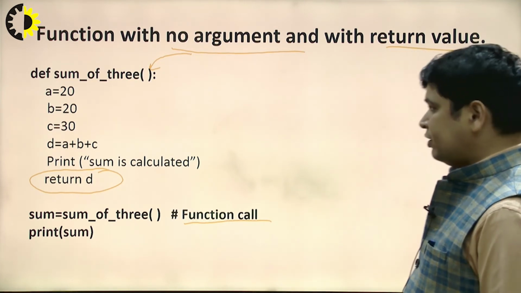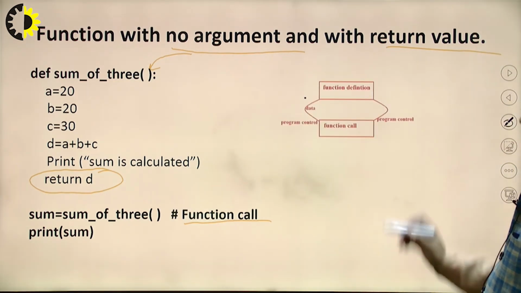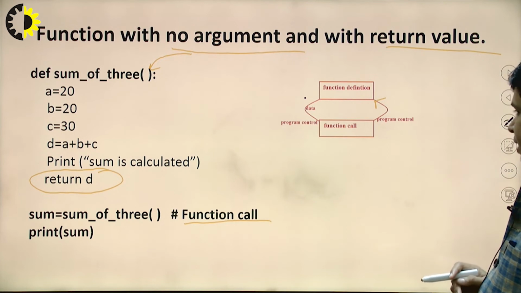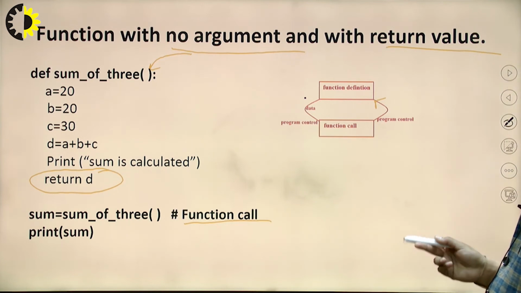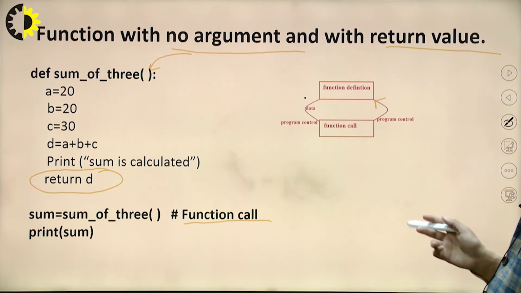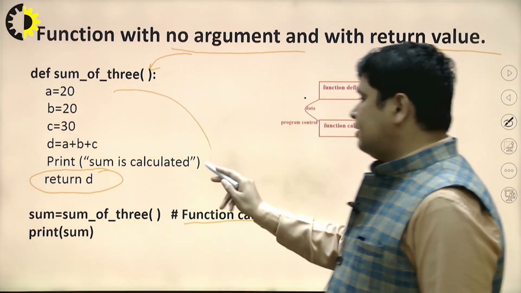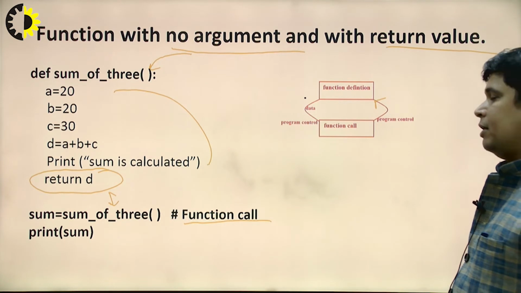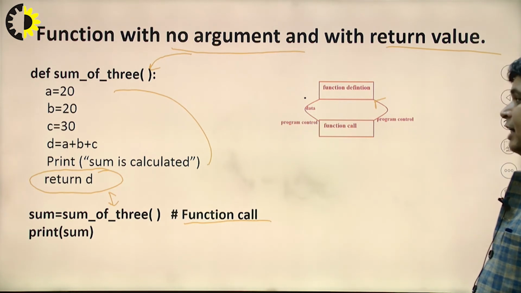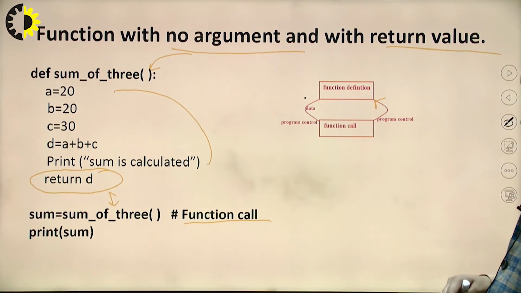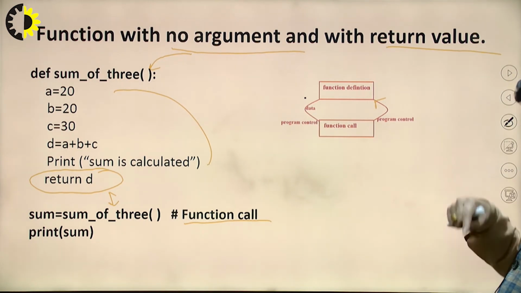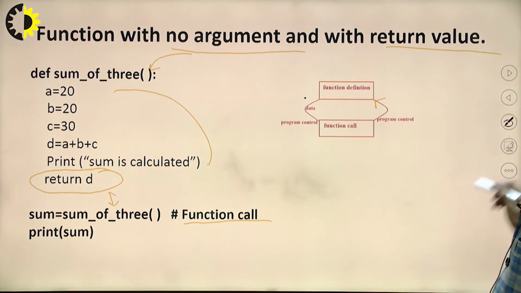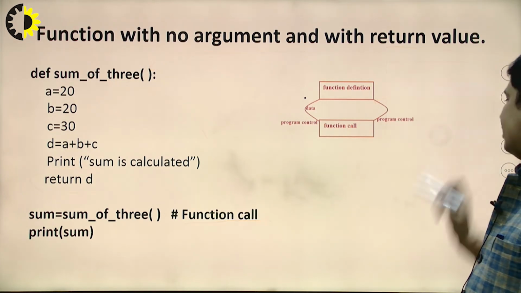In that situation, program control moves from function call to function definition without data passing. But when the function definition is executed line by line, data is moved by the return statement to the function call statement. In this category, data moves in only one direction: from function definition to function call statement. This is the second category.